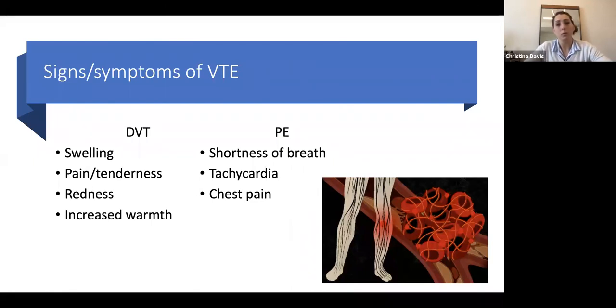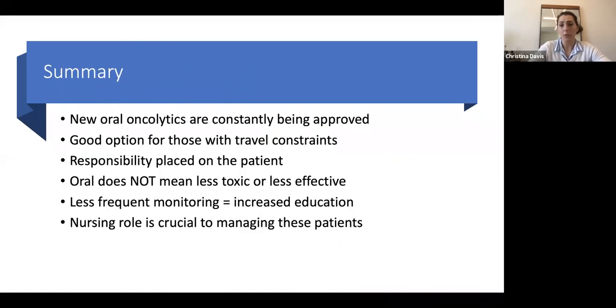And so those are things like swelling, redness, pain, warmth for a DVT, for PE, things like shortness of breath, racing heart, chest pain, etc. So I feel like this really should be incorporated into upfront education for our patients going on oral chemotherapies.